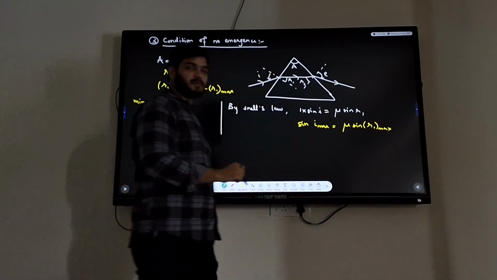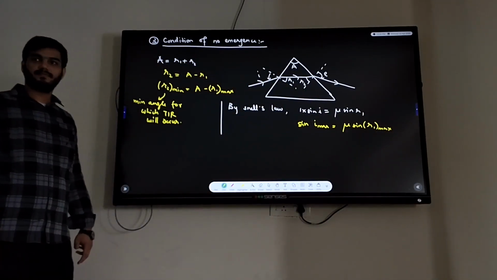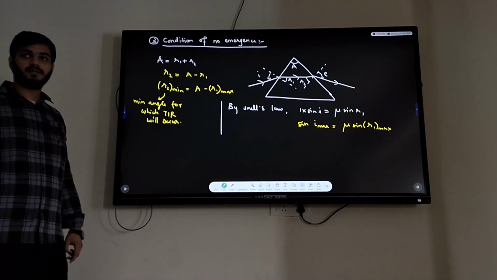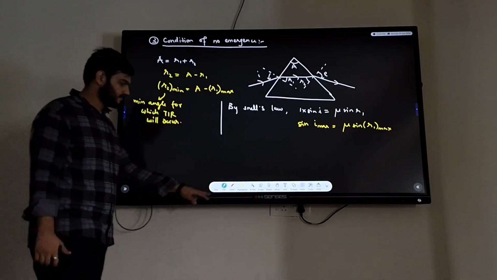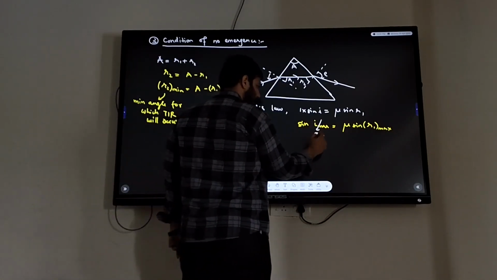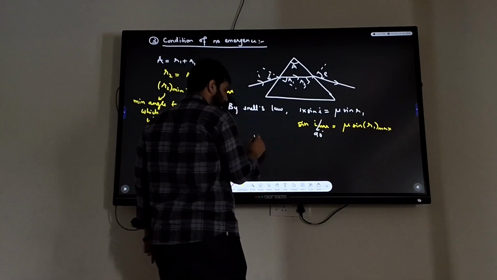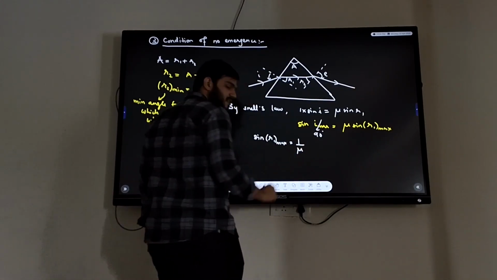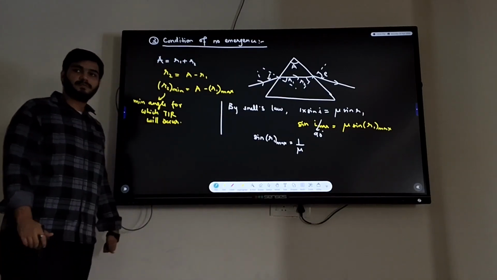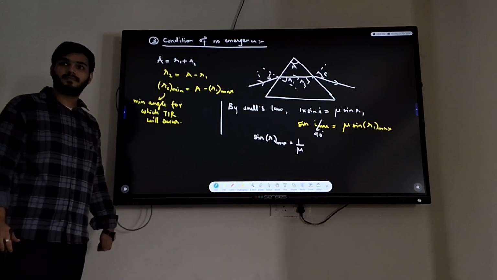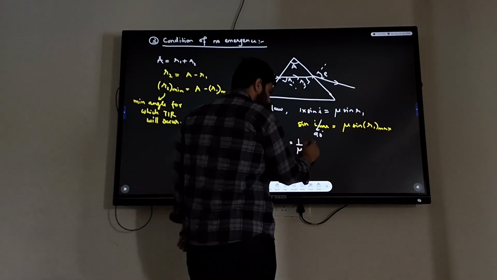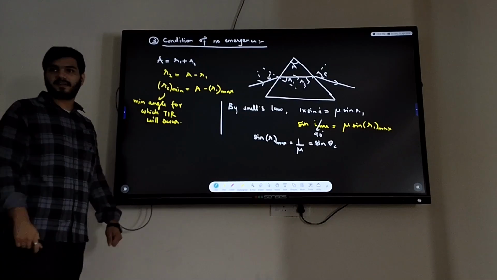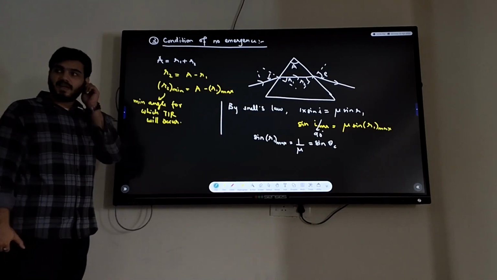But what is the maximum value of I? That should be 90 degrees. Then what is sin R1 max? That's 1 by mu. But what is 1 by mu also equal to? That's sin theta c, where theta c is the critical angle for which the TIR occurs.